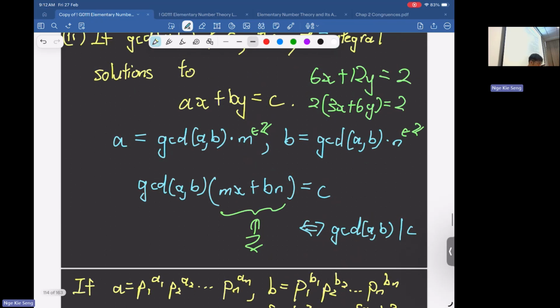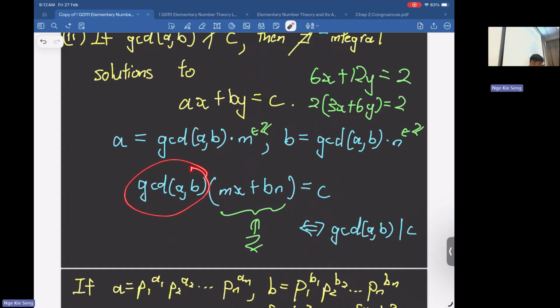Meaning if you can make sure that your GCD of A and B divides C, you are making sure that all the divisors will divide C as well.